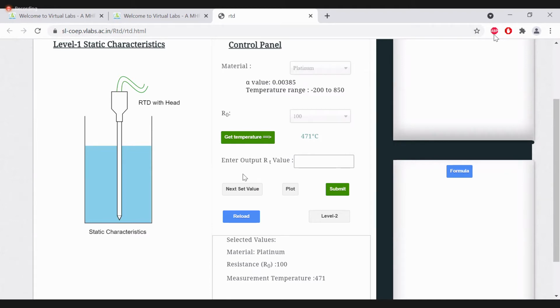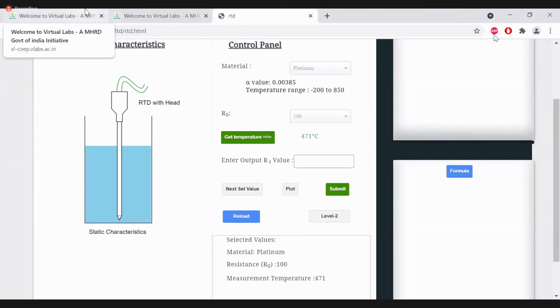How to calculate RT at 471 degrees Celsius? Here we have a link for the formula. If you click on formula, you can see this. Students, are you able to see this separate formula page? Yes, sir. Right. So here we have the formula for RT. RT is equal to R0 into 1 plus, here I cap, this I cap is nothing but alpha, plus or minus I cap into T. What is T? Go to the theory.